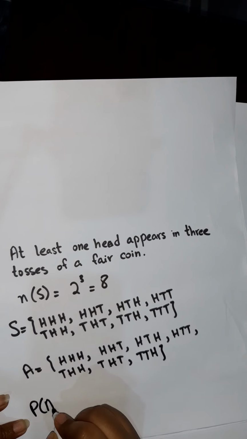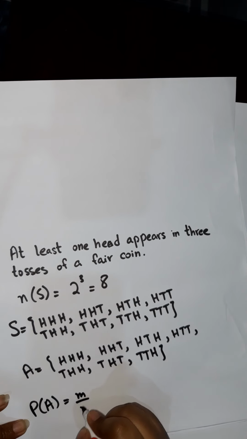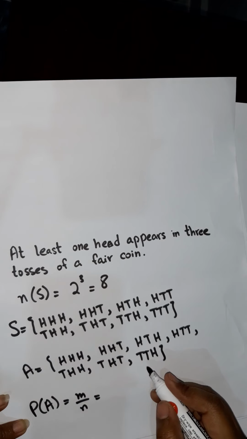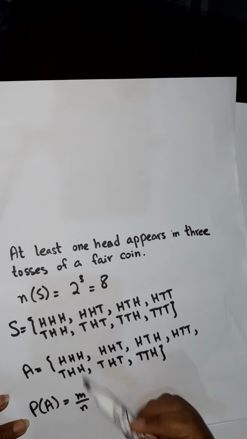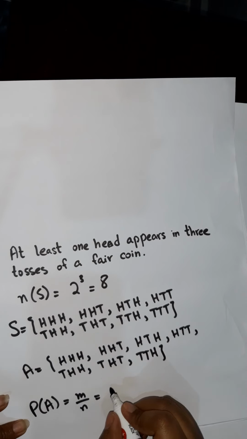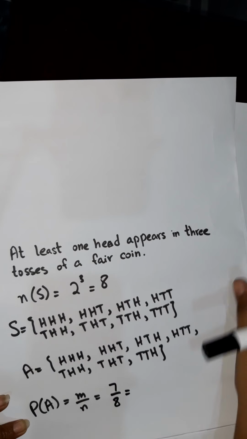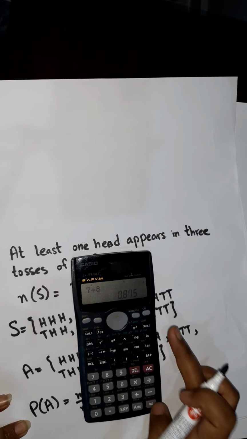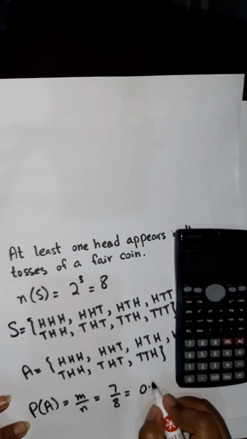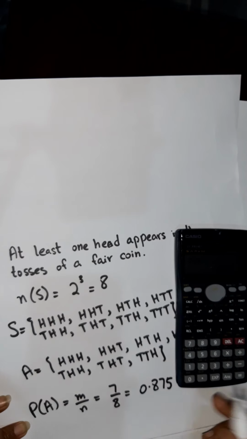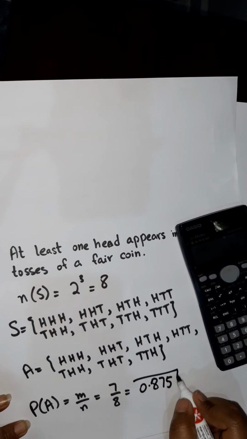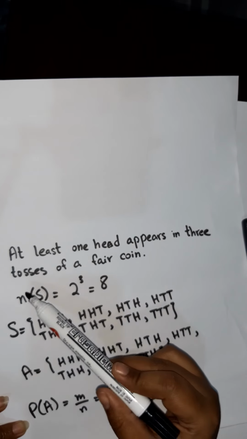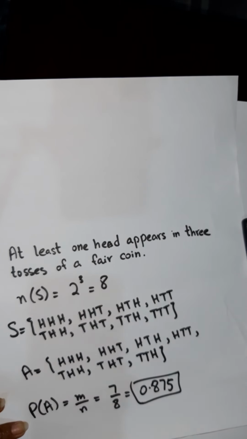Now the probability of A is equal to m by n. Again, m is the number of outcomes in event A and n is the number of outcomes in the sample space. So 7 by 8, 7 divided by 8, 0.875 is the probability that at least one head appears in 3 tosses of a fair coin.